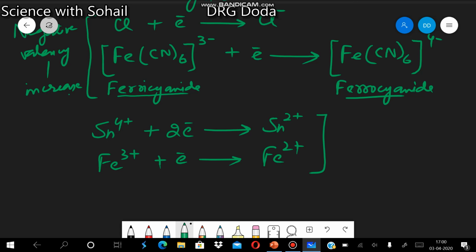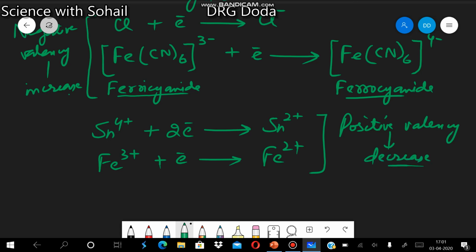And if we see the valency of the species, the valency of tin and iron was positive and it is undergoing a decrease.